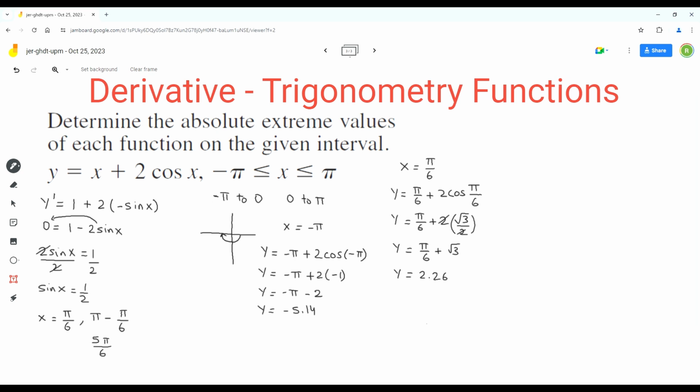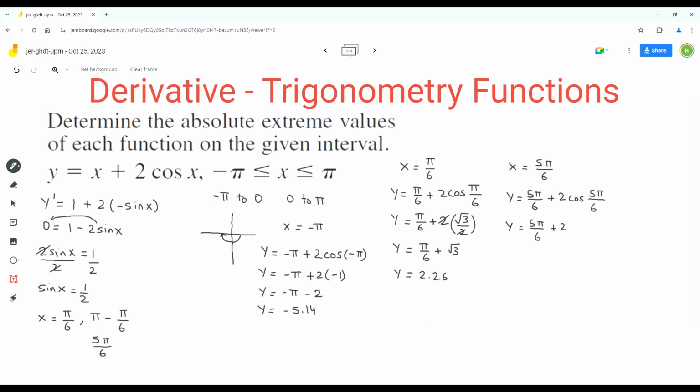Now we can use the next x value. Now 5 pi over 6 lies in quadrant 2, and in quadrant 2 cos is negative.